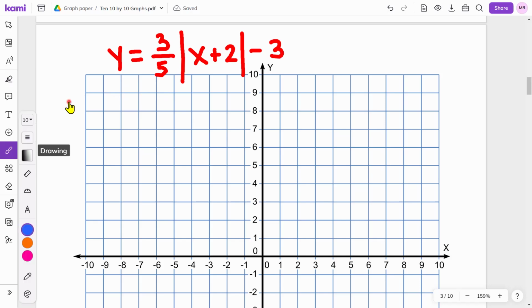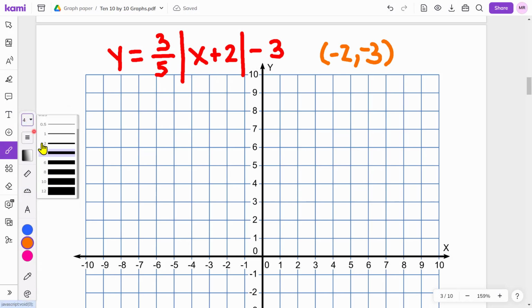So let me find first my vertex. And my vertex is going to be what makes this 0, which is -2, comma, this number, which is -3. So that's going to be my vertex.